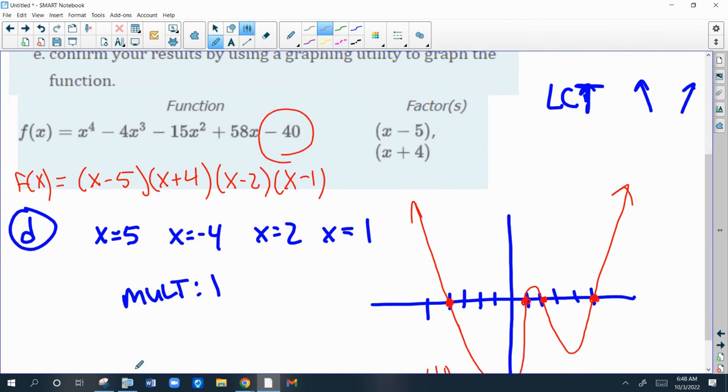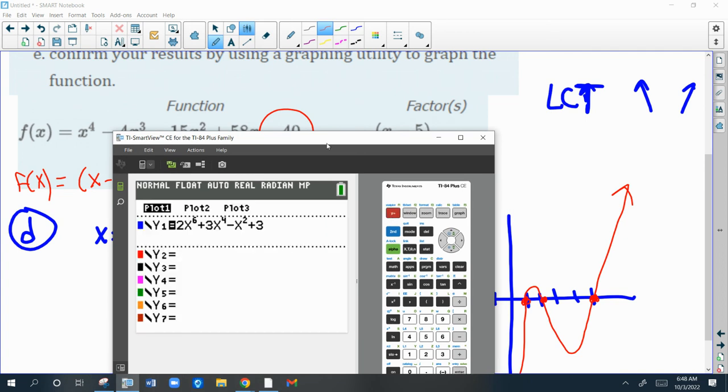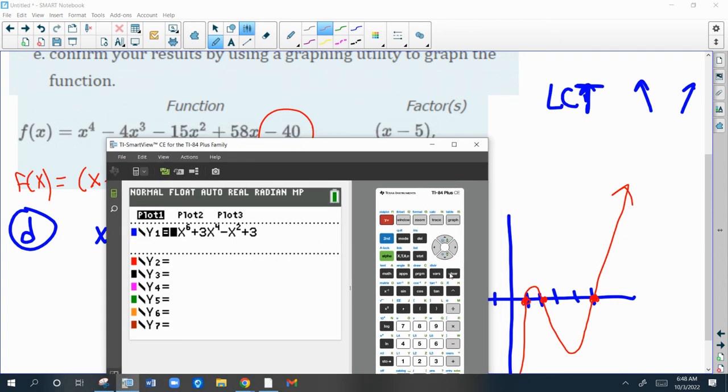I'm gonna show it on the graphing calculator just to make sure. So here we go. X to the fourth minus 4x cubed minus 15x squared plus 58x and minus 40.